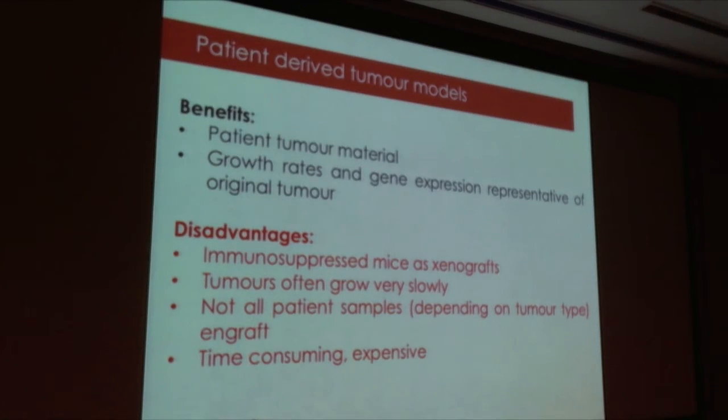Not all the patient samples will engraft either. But once you know they're working, re-engrafting them usually works. You've just got to check that they're not losing their phenotype. It's incredibly time-consuming and expensive, but again, if you have a key question to ask, then it's worth considering this type of model.